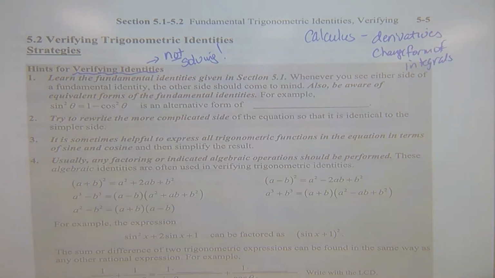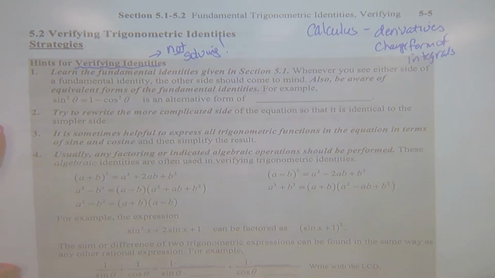Hopefully you're noticing that the higher the level of math you go, the more conceptual it is. The more you are solving a problem, not memorizing a set of steps. You're finding connections, and you're finding the way the numbers work and the functions work together, and using that to get where you need to go. That's what we're learning with verifying identities.